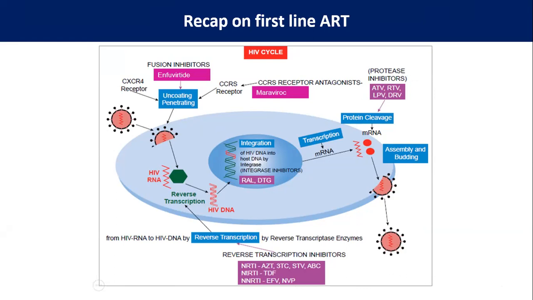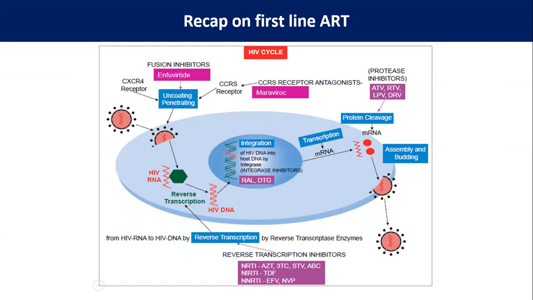This reverse transcription and release of virions comes out in the order of millions to billions in a day. So you can imagine the speed of infection with which HIV attacks the human body. Under the national program, the protease inhibitors that we have are atazanavir, ritonavir, lopinavir, and darunavir.